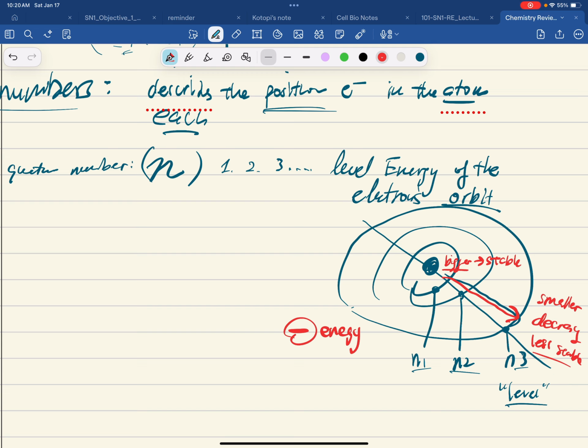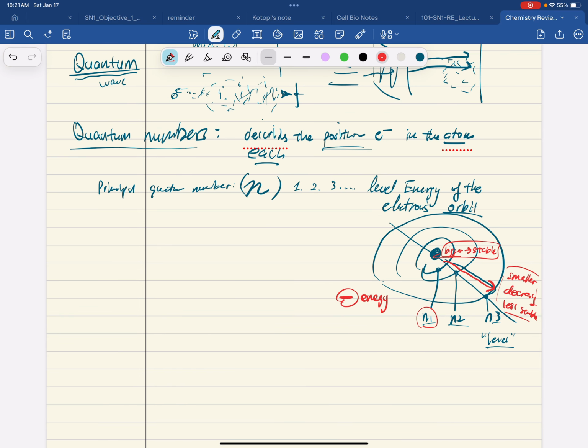The absolute value of the energy in the center is bigger, but a bigger negative number means a smaller energy, relative to 0. So the whole principle is that it is more stable at the center. So it's more stable as they go towards the lower n level. So that's the n number.